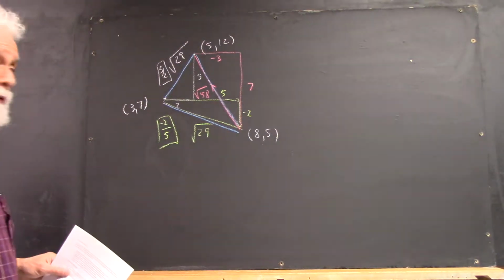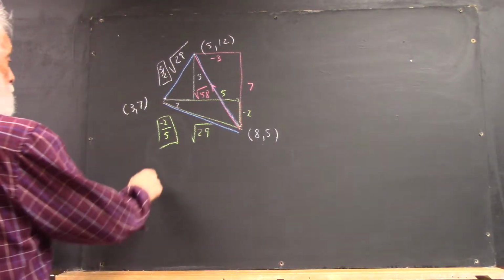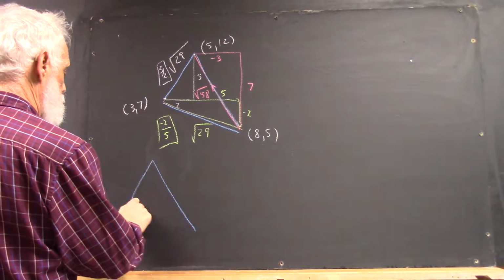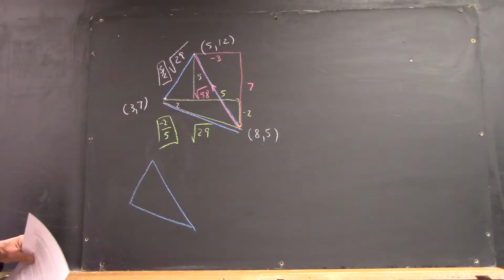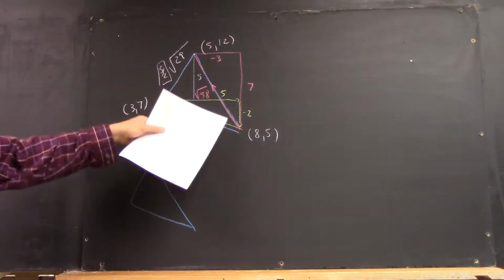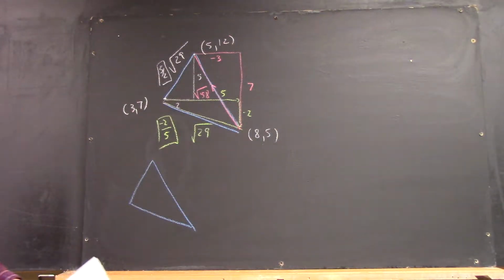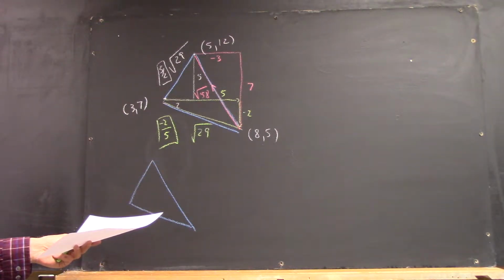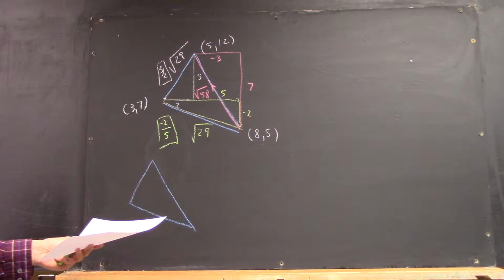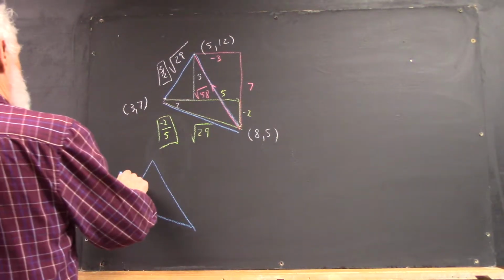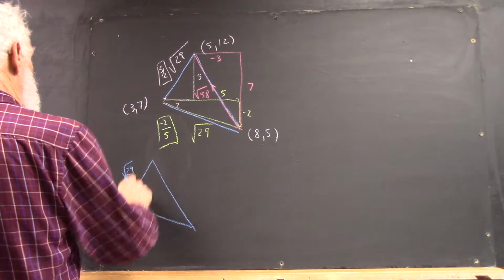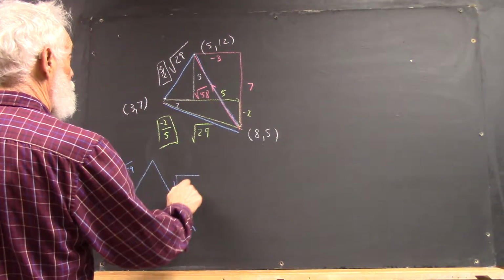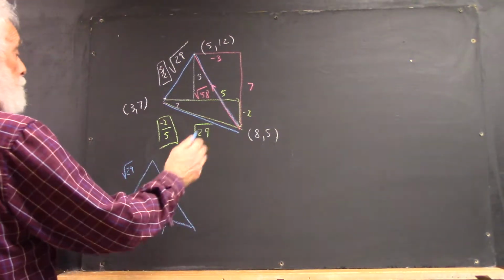What do I know about that triangle? Is that a 4th triangle? Okay? This blue triangle that connects the 3 points, what do I know about it? Do I know anything? You've got the two legs, square root of 29. Yeah, I've got square root of 29 here, and I've got the square root of 29 here, and the square root of 58 here.